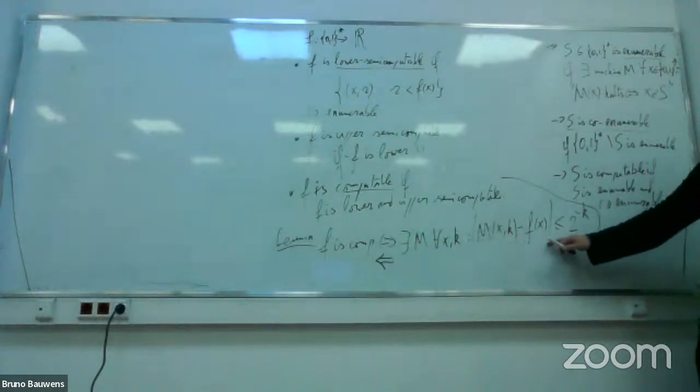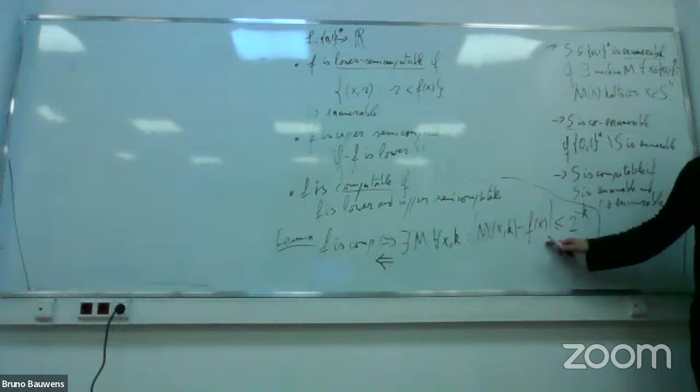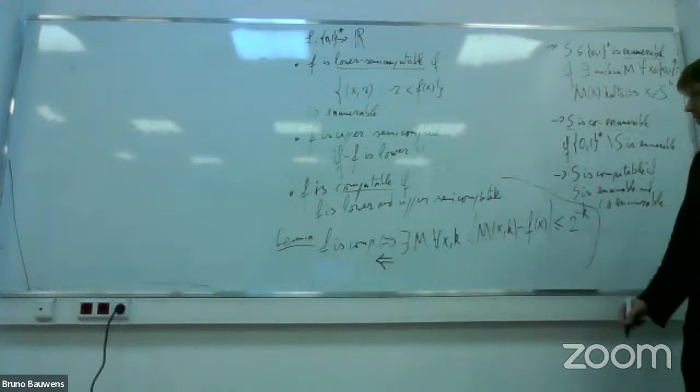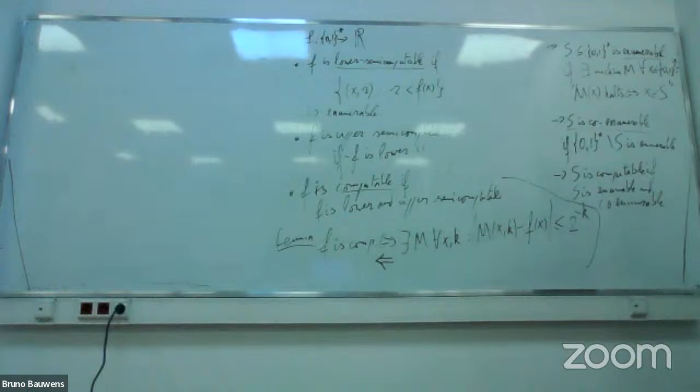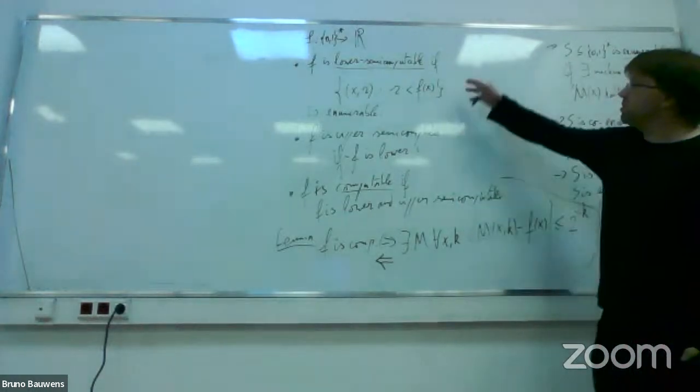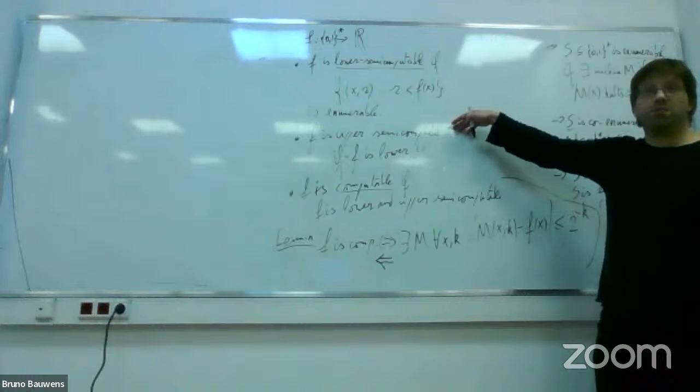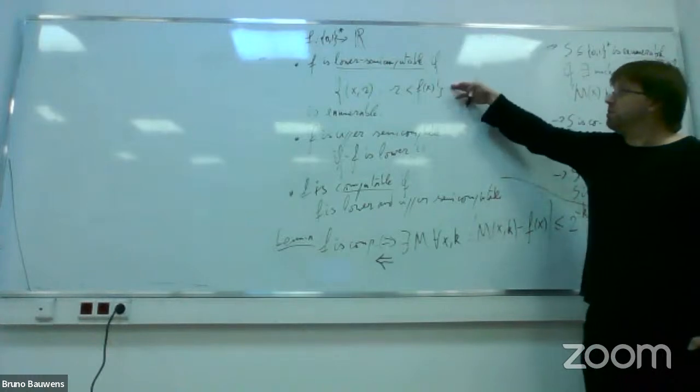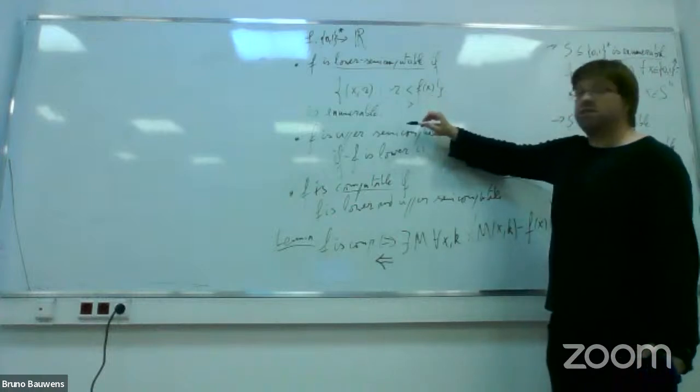We have a function that satisfies this. And now we need to come up with lower and upper semi-computable approximation. So we need to approximate this set and the same with this.